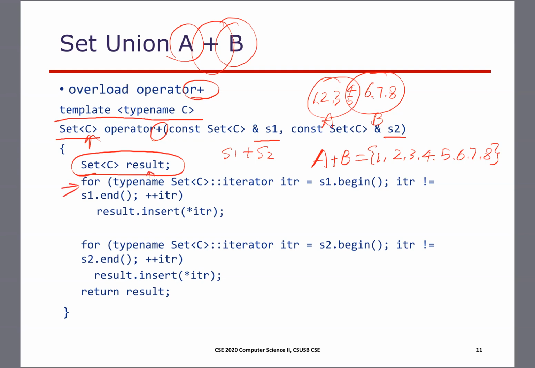And then we use for loops. Here we can see we have 2 for loops. These 2 for loops are not nested. We have for loop 1. The first for loop uses an iterator to access every element in the set S1.